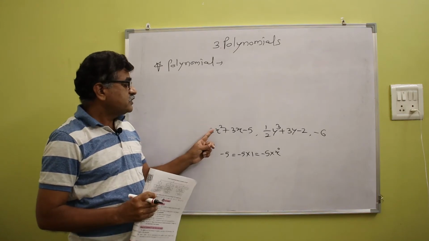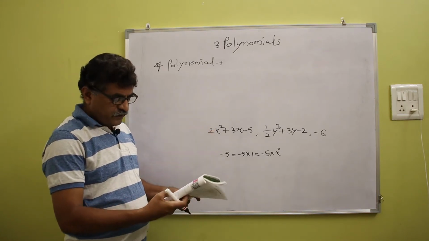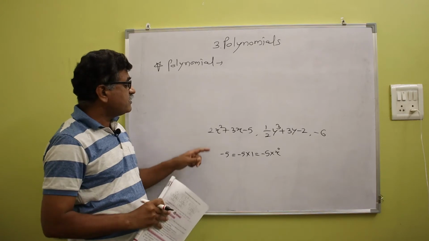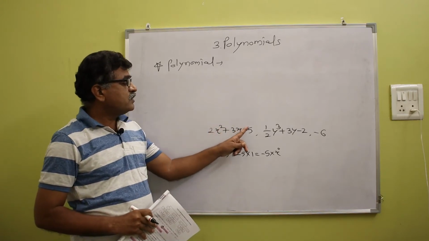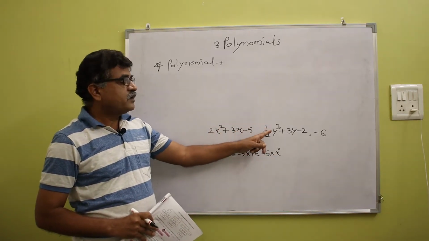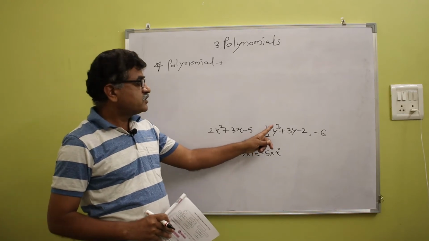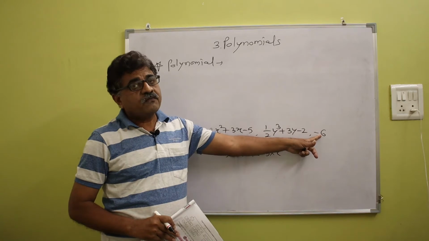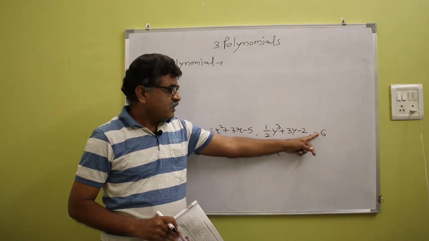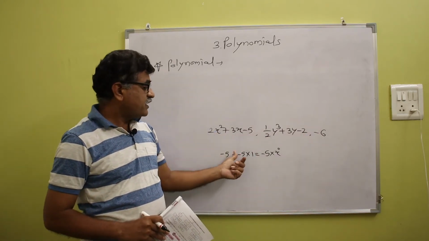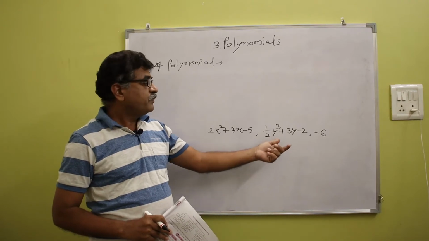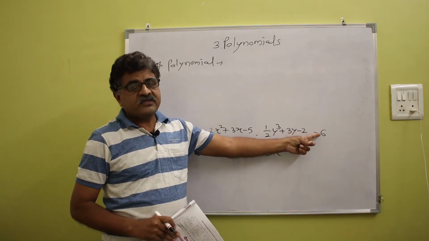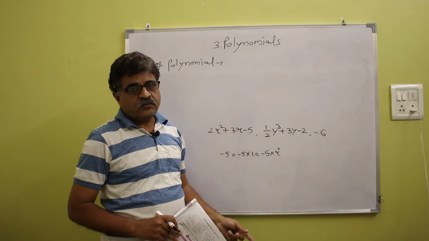Therefore the powers of the variables are 2, 1, 0. Here the powers of the variables are 3, 1 and 0. And what is the power of minus 6? Here also minus 6 can be written in this way, so the power of the variable is 0.